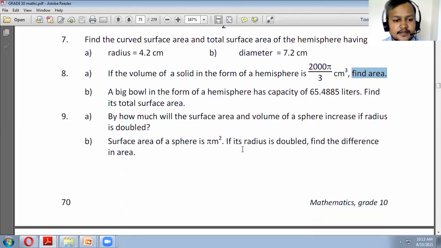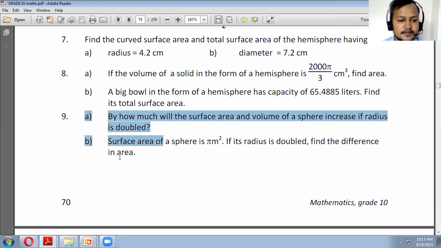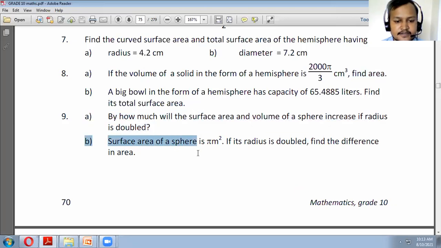So 8B already we did. 9A, by how much will the surface area and volume of sphere increase? This question we did just a few minutes ago. Question number B, surface area of sphere is pi meter square. If the radius is doubled, find the difference in area. So from it, we have to find out the radius at first.